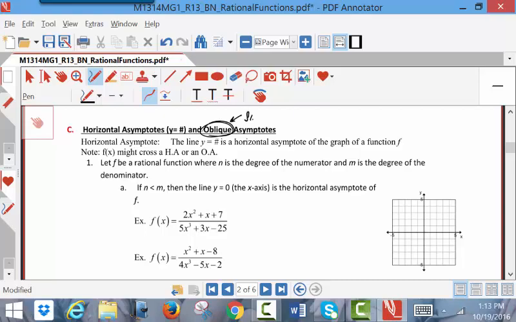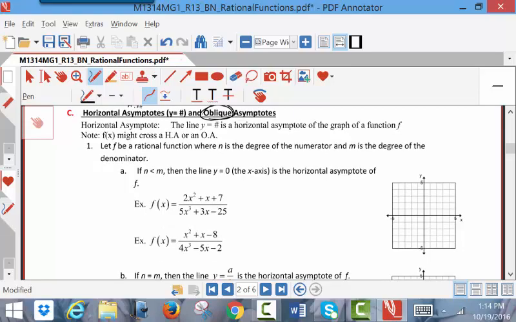This textbook, just so you know, refers to this as a slant asymptote. I've heard of that informally, but I've never seen them actually use it consistently in a book. So I usually call it an oblique asymptote. Horizontal asymptotes are usually abbreviated HA, and oblique is OA, so that we don't have to write the word asymptote over and over again. All right. So the line y equaling a number is a horizontal asymptote, etc., etc.